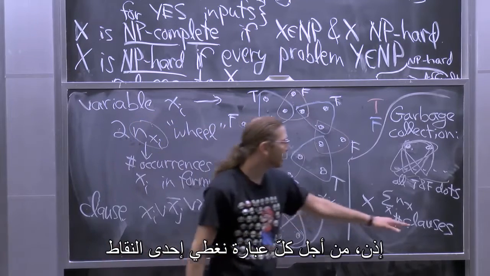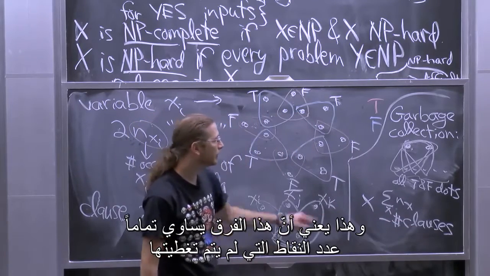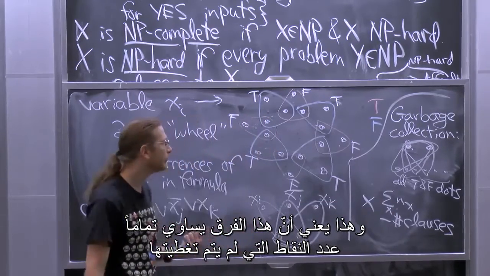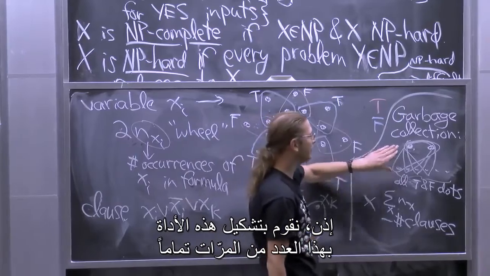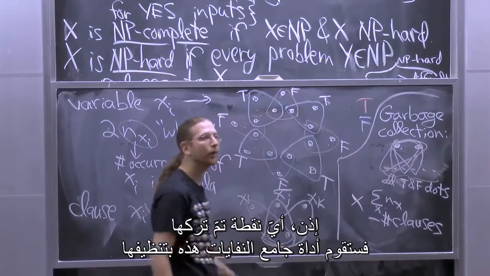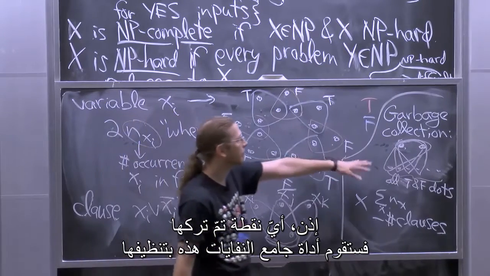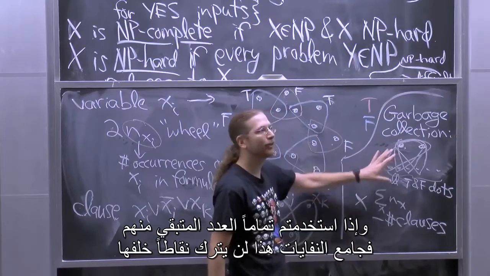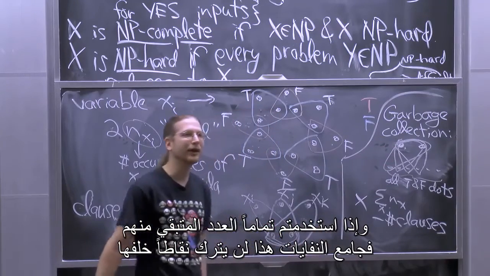So for each clause, we cover one of the points. That means this difference is exactly how many points are left uncovered. And so we make this gadget exactly that many times, and it's free to cover anybody. So whatever's left over, this garbage collector will clean up. And if we use exactly the right number of them, this garbage collector won't run out of things to collect.